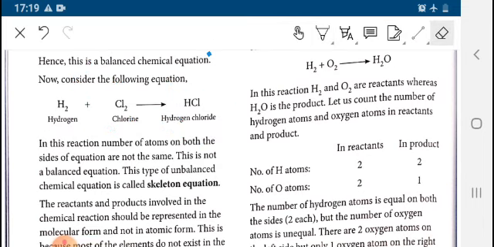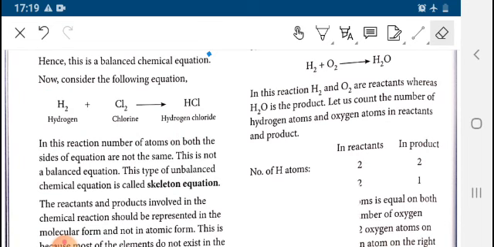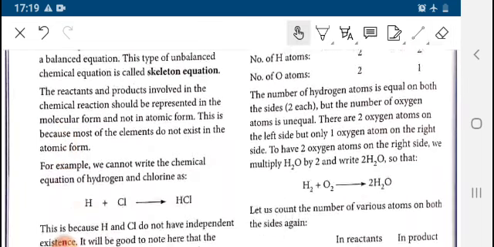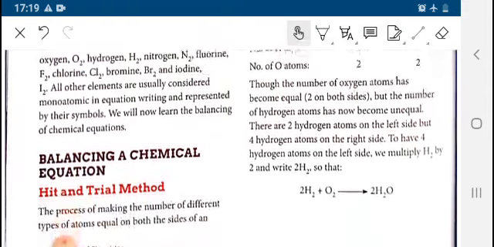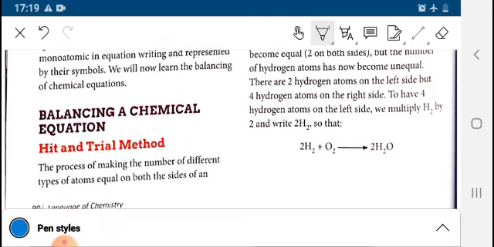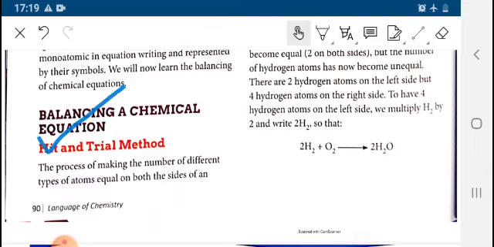So the left side and right side should be equal in case of law of conservation, because balancing of a reaction always follows the law of conservation. How to balance an equation? An equation is balanced by the hit and trial method.